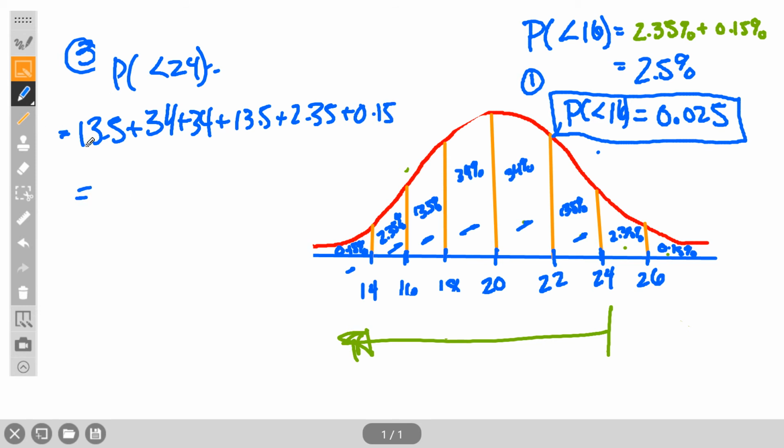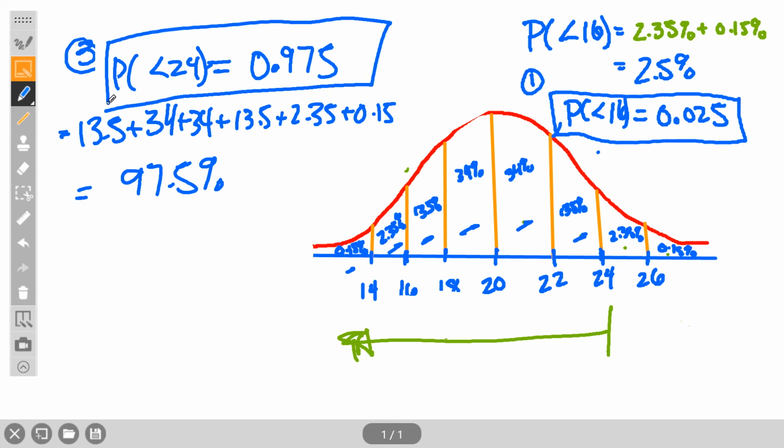Let me just add those together, and we get 97.5%. Turning that into a probability, 0.975. So that's the probability that the box of cereal has less than 24 ounces in it. So pretty likely that it's going to have less than 24 ounces in it.